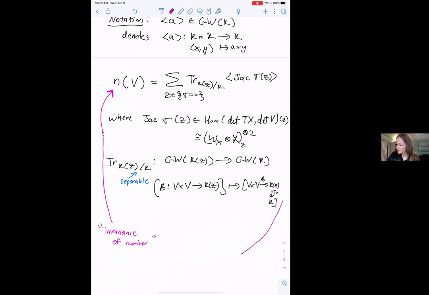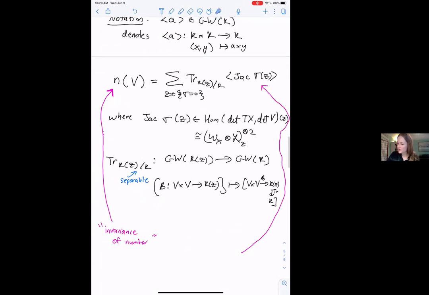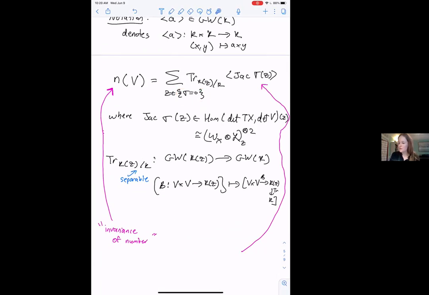And it's a count of the set here. It's a weighted count of the solutions to sigma equals 0 in bilinear forms.